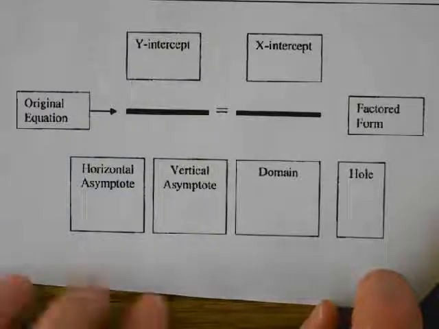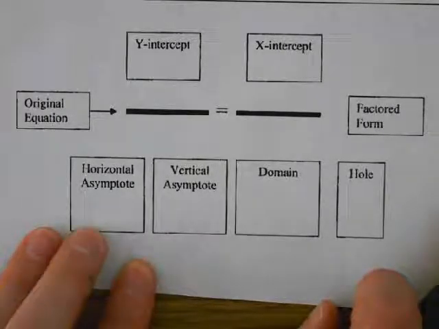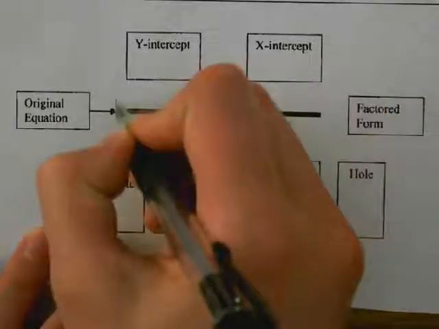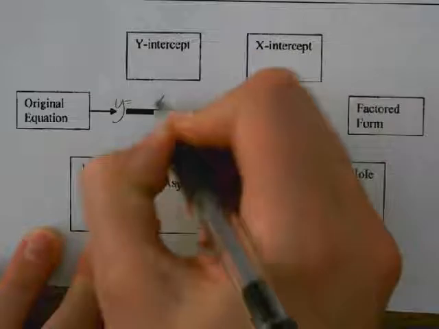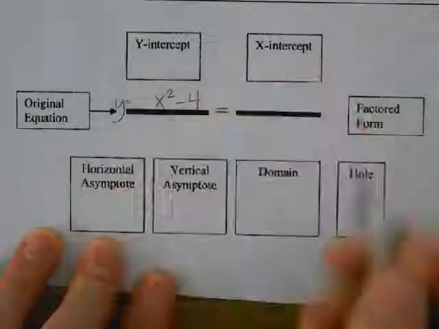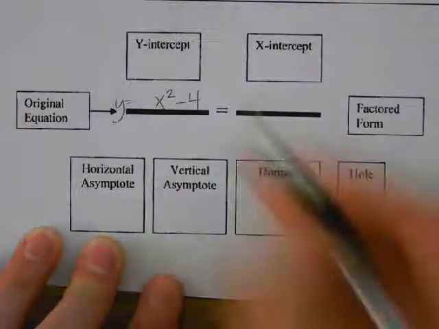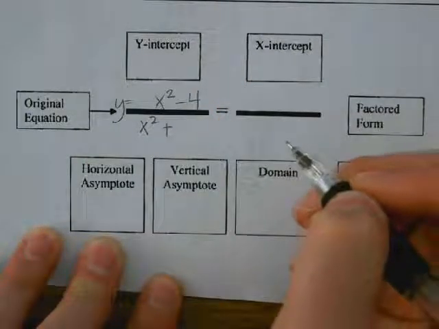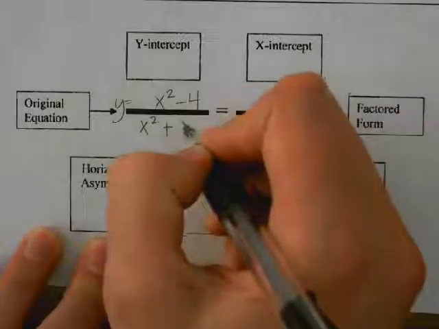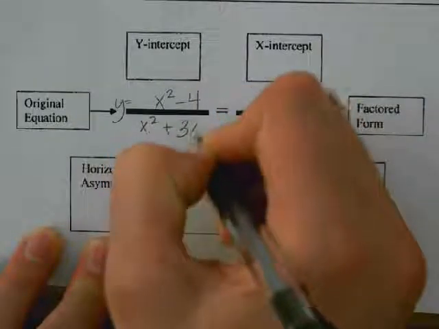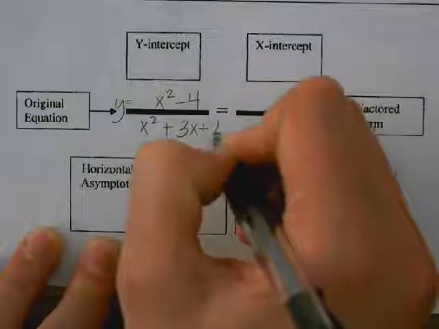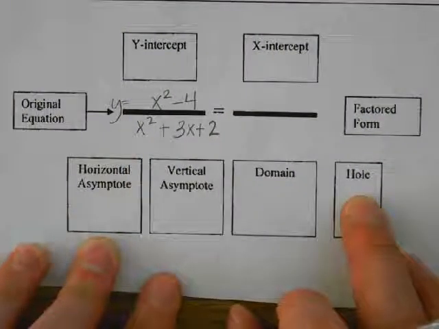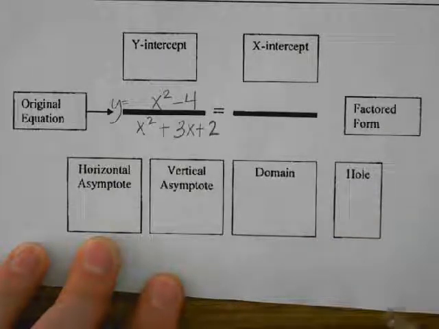we are going to do y equals x squared minus 4 divided by x squared plus 3x plus 2. So what should we do first?